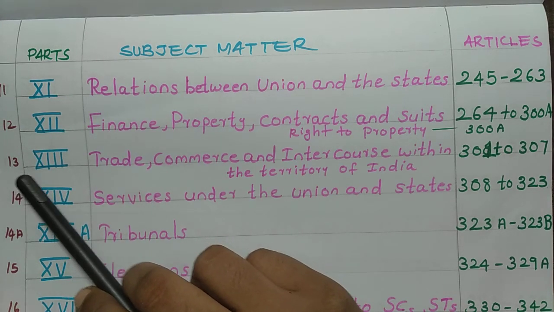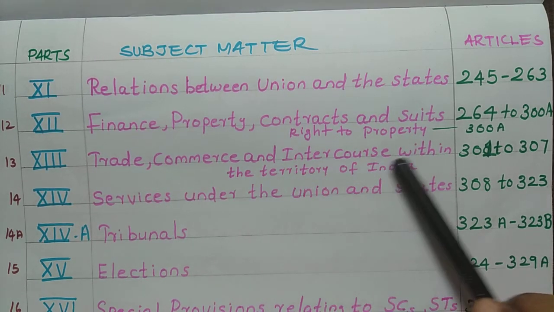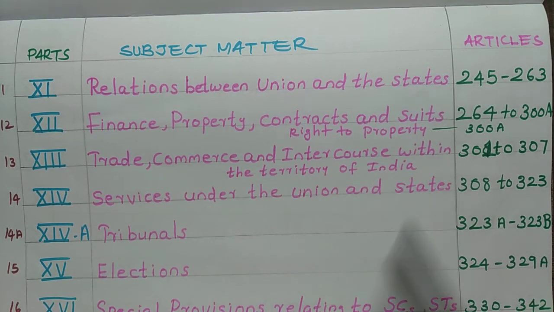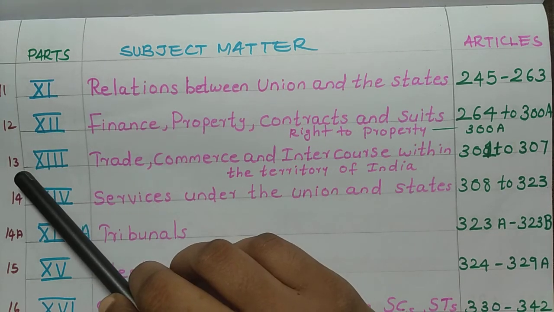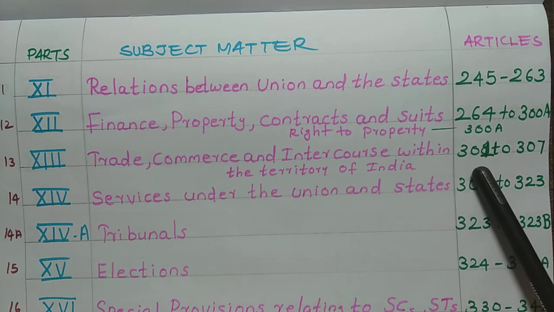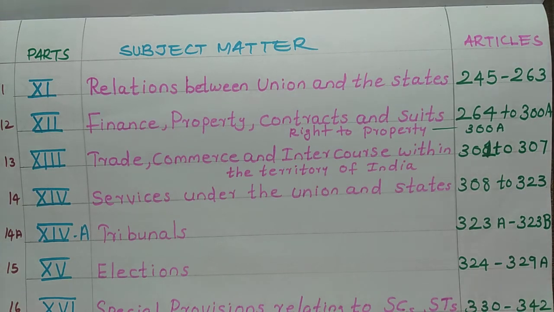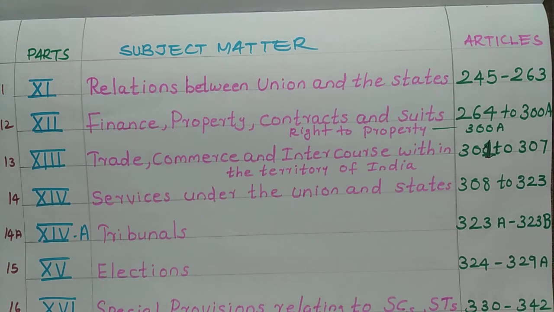And Part 13, trade, commerce and intercourse within the territory of India, comes under Part 13, and articles 301 to 307.